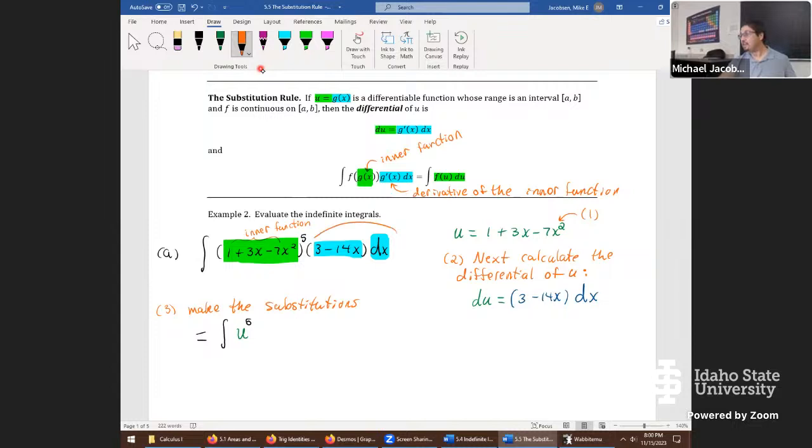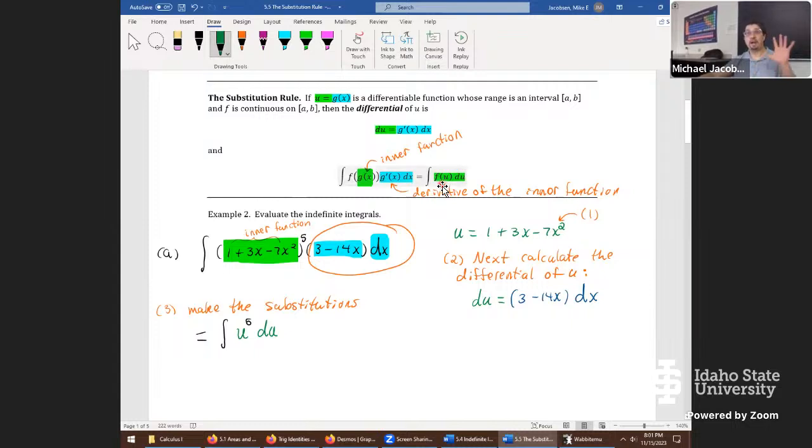And now, for this whole thing, (3 - 14x) dx, this is an algebraic form, we're going to swap out a du immediately and just throw it in right here. So here's du. So we took something which was the result of the chain rule and wrote it down in this way.